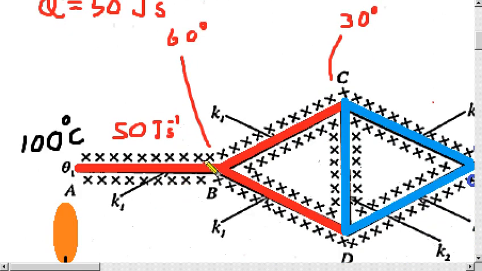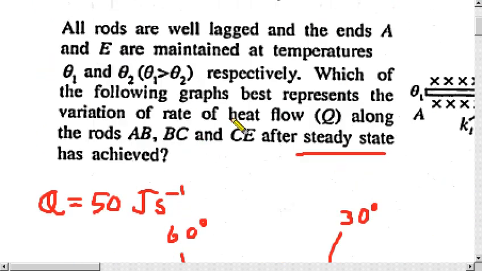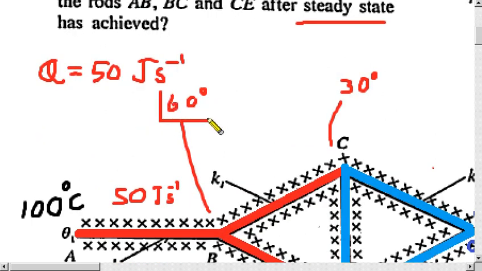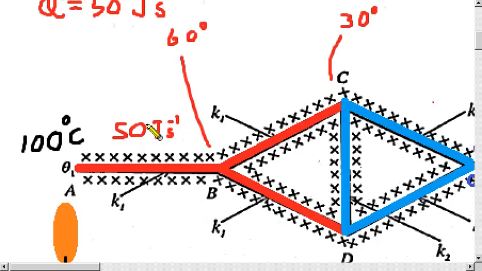Then what happens at this junction, since the system is steady? What does it mean? This temperature can't change, it never decreases or increases. Why? The rate of heat flowing into this junction must equal the rate of heat flowing out from this junction. Input must equal the output. Then this temperature doesn't increase or decrease.